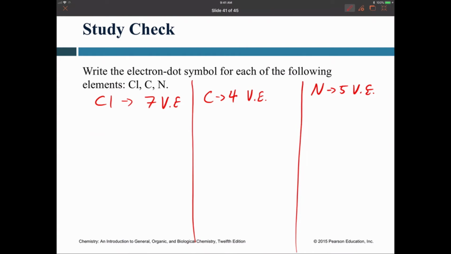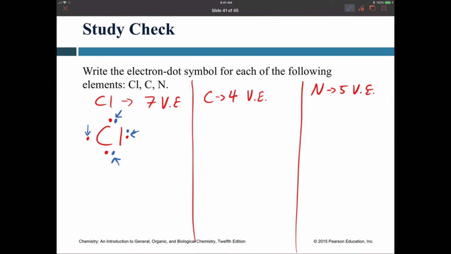All right, here we go. Chlorine. North, south, east, west. That's only 4. We need to put 3 more in here. So I'm going to grab another color. Two, 4, 6, 7. 7 valence electrons, just like that.